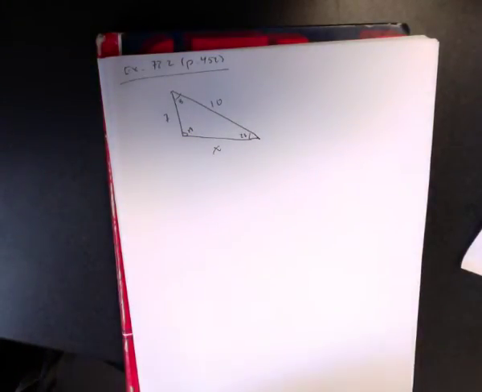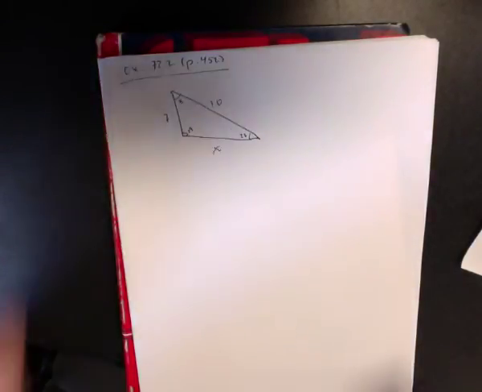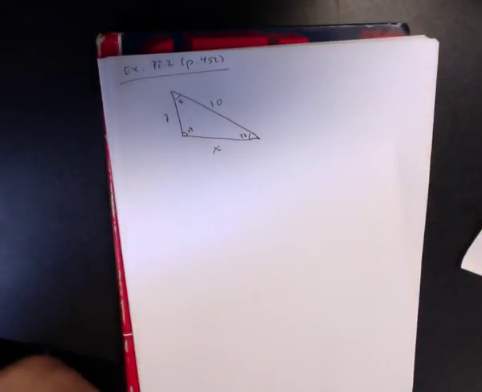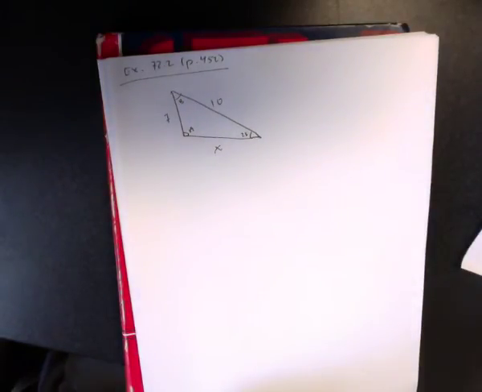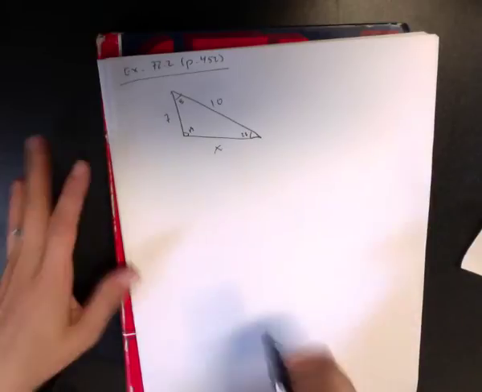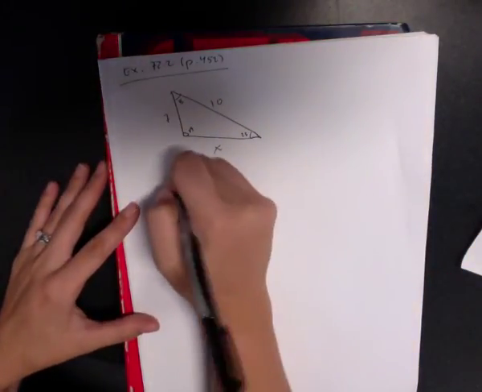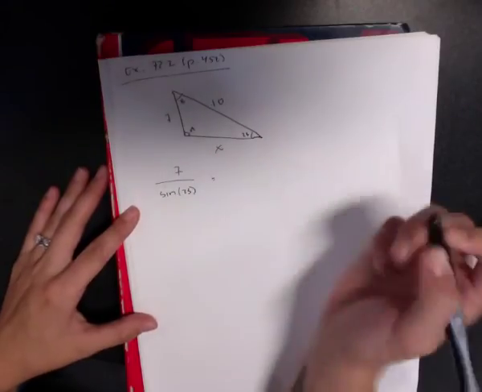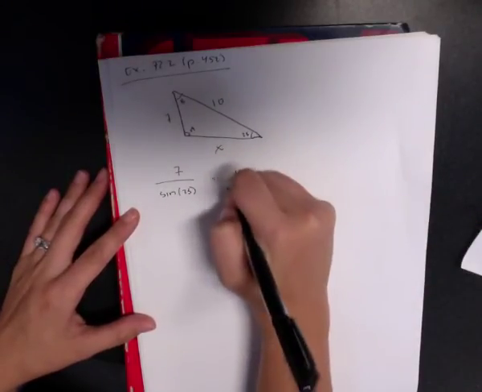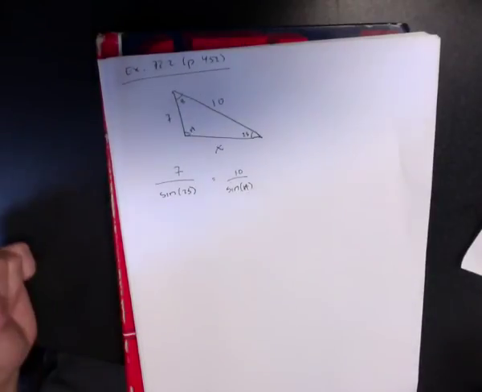Very similar to our last one, just a slightly different triangle. See if you can find the similarities and figure out what we're going to do differently. So again, law of sines, I will have 7 over the sine of 23. And again, I'm going to have 10 over the sine of A.